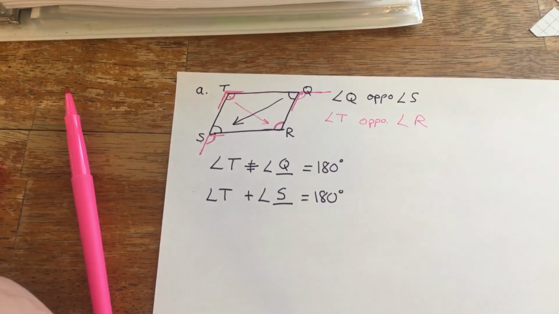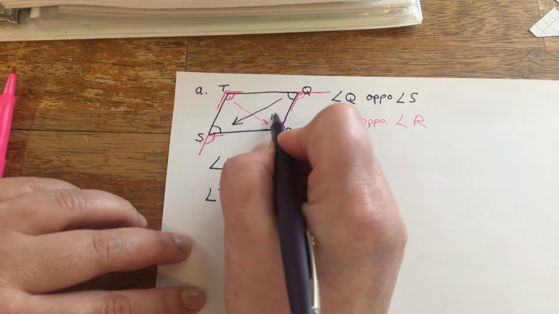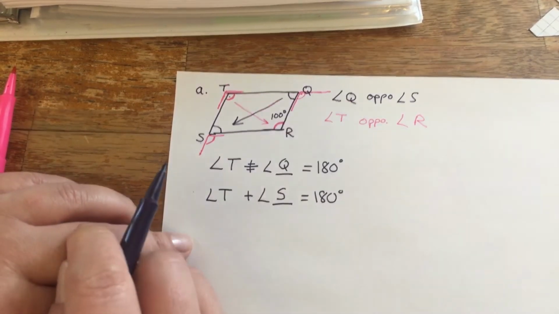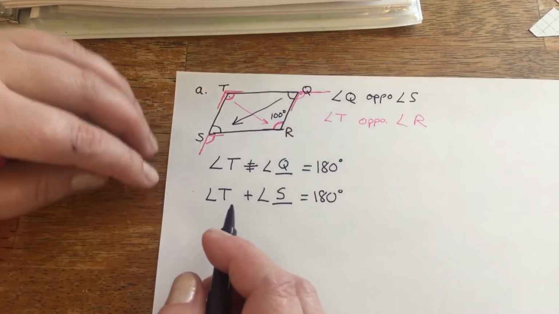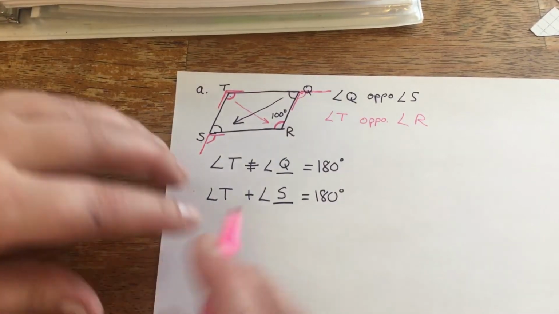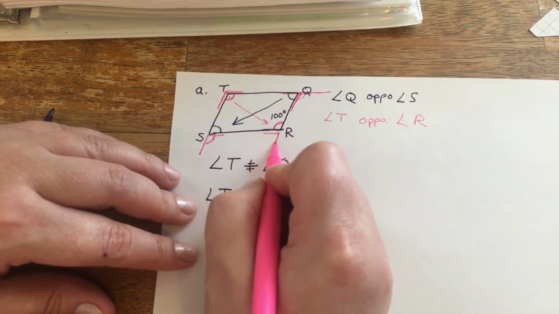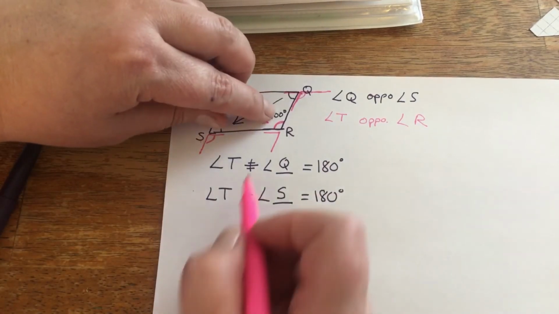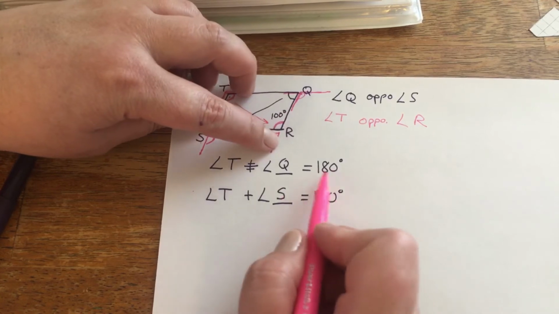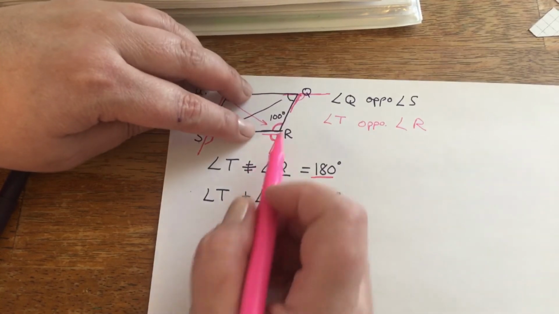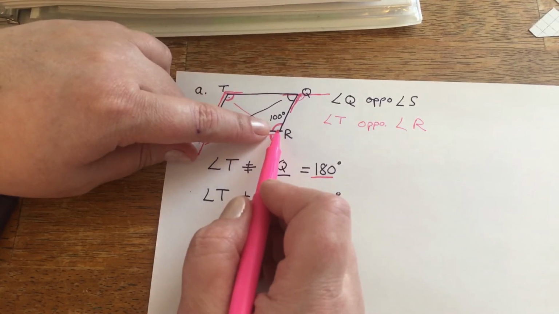So how about if the measure of angle R is 100 degrees, okay, what is the measure of angle Q? Do you guys know how to do that? It would be like taking this angle Q and putting it right here. So if this is 100, and we know the angles side by side are supposed to equal 180 degrees, what is the angle of Q if R is 100?